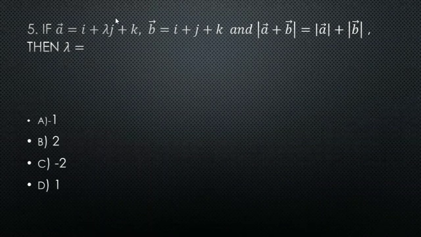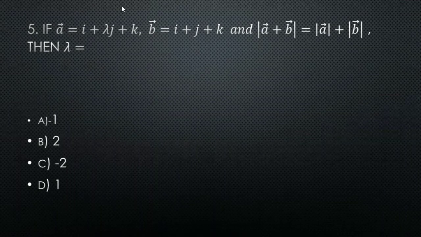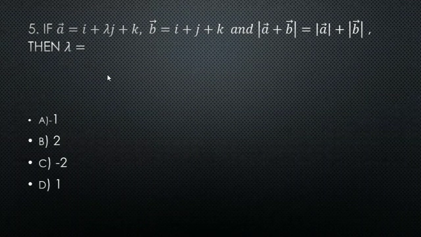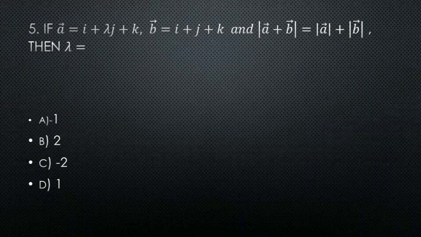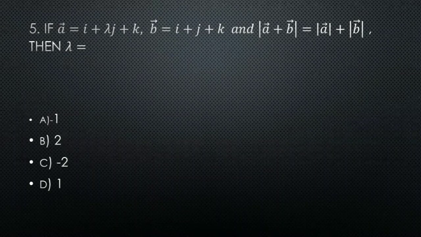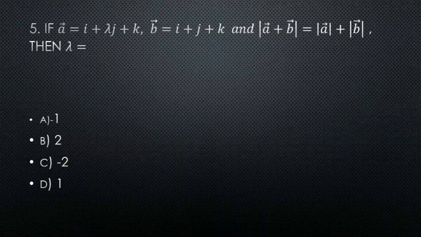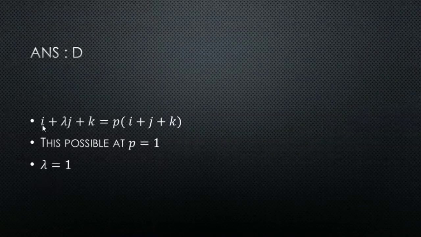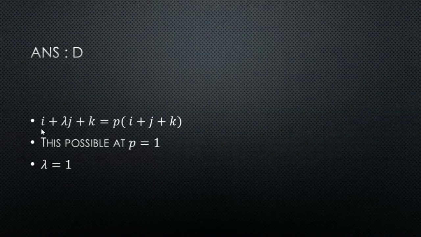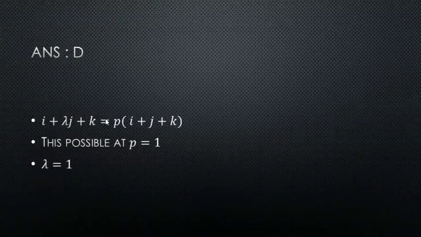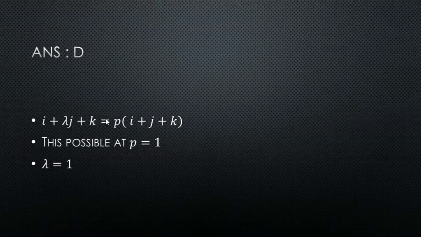So what can we write? A vector should be equal to some multiple of B vector. Usually we write A vector equals lambda into B vector, but here lambda is already given, so we'll use another notation. A vector is equal to some p into B vector. Here I have taken p. So i plus lambda j plus k is equal to p, any constant, into (i plus j plus k).